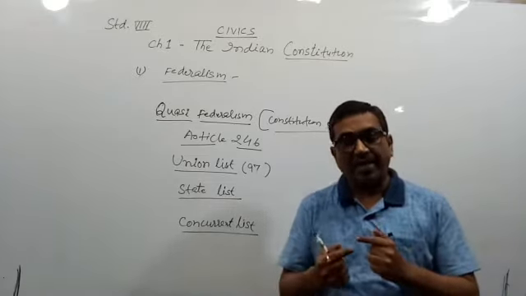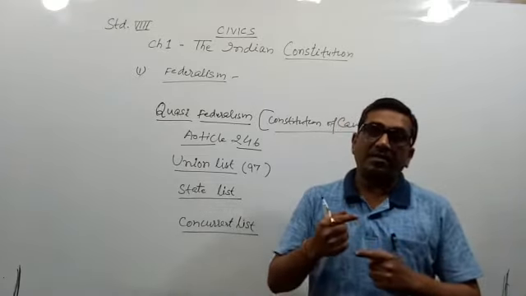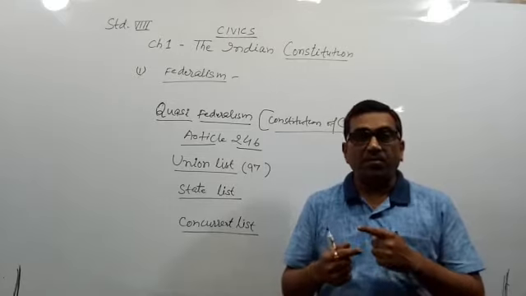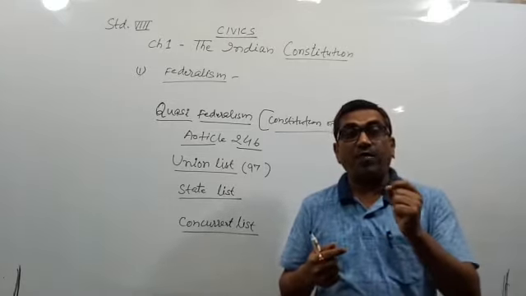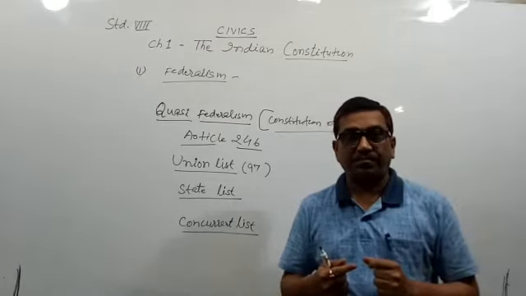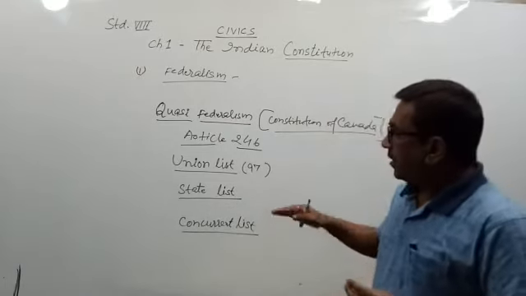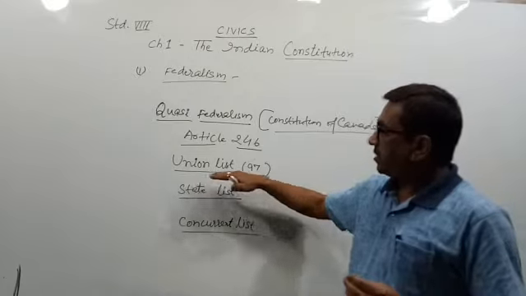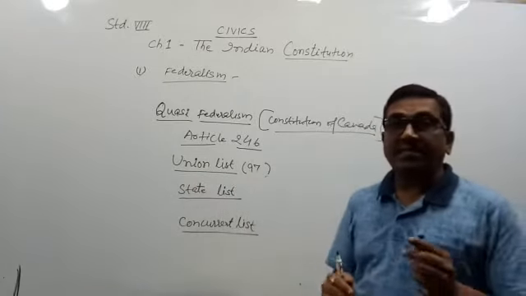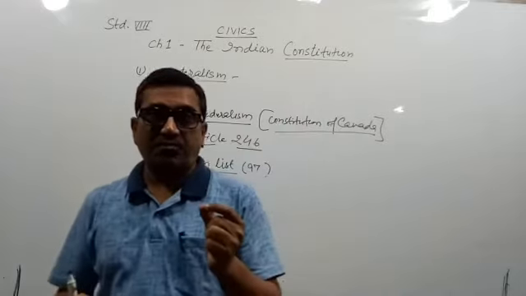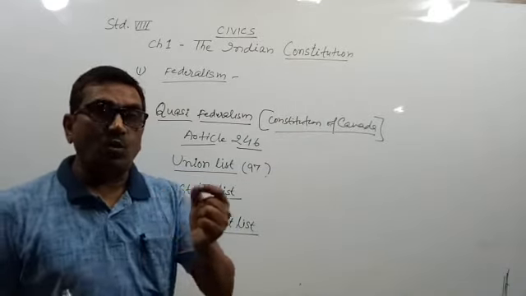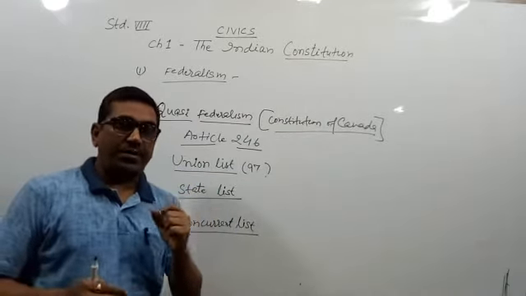But if we include the sub-articles, then the number of articles goes to around 448. That's why in the union list 97 subjects are mentioned. If we add the sub-subjects, the number goes up to 100.